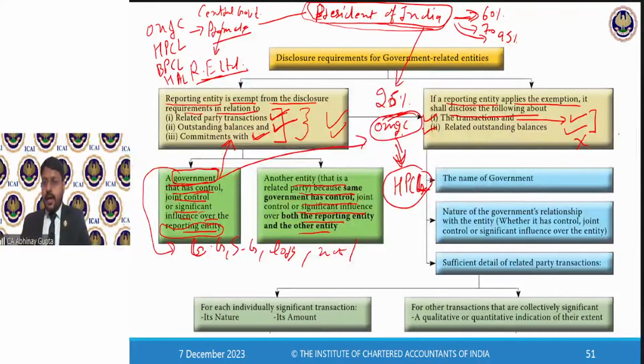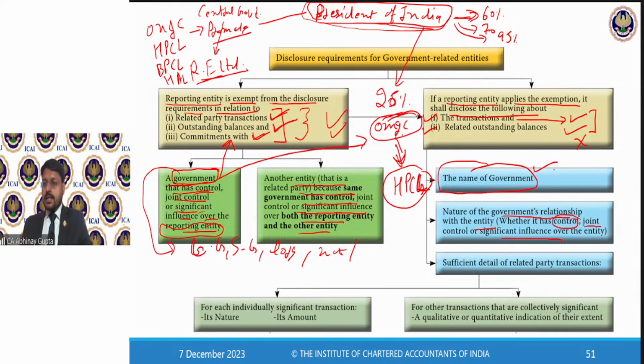Now, what do we need to exactly disclose? The name of the government. We will say, what is the name of the government? Is it a central government, a state government, a local government, a national government or an international government? Which government? Name. Then the nature of the government's relationship with the entity, whether it has control, that is, it is holding share capital of more than 50% in my company, or it is a joint control, or it has a significant influence.